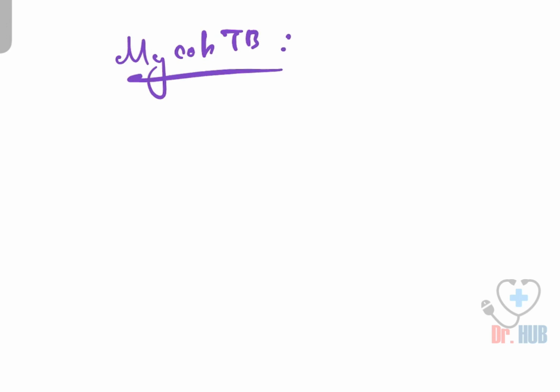So firstly, we look at the acid fast organism Mycobacterium tuberculosis. It requires about 25% of the sulfuric acid for the decolorization.